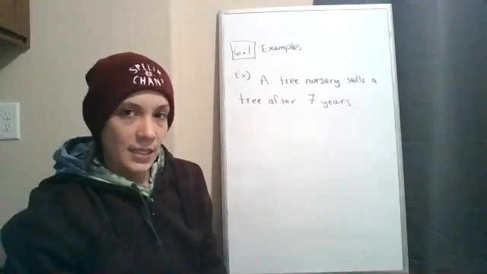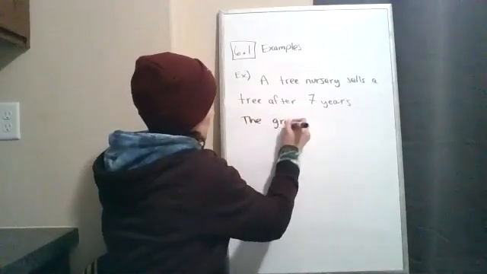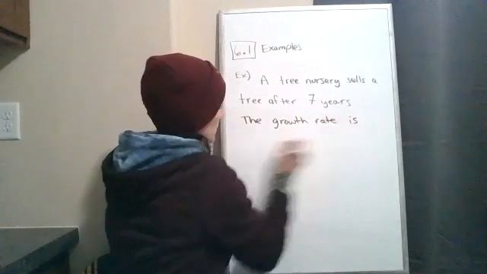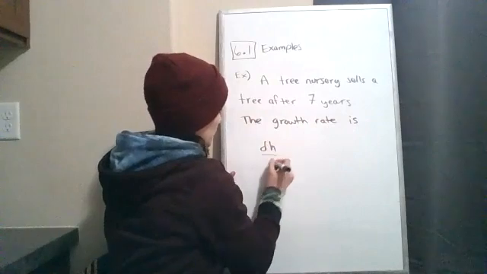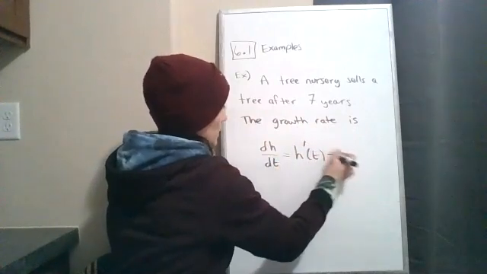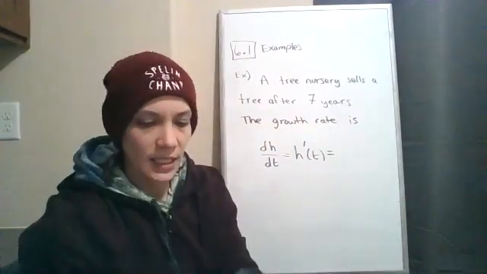The growth rate is dH/dt. The function h prime of t equals 1.6t plus 3.